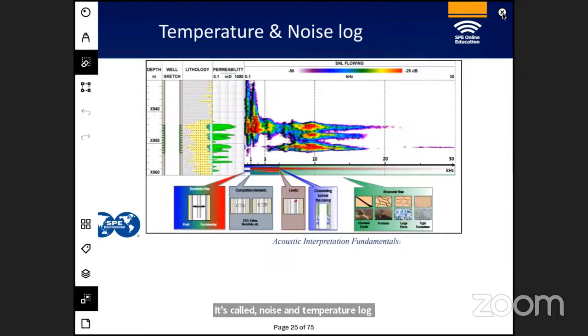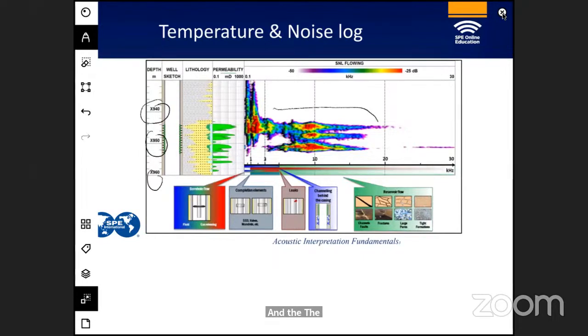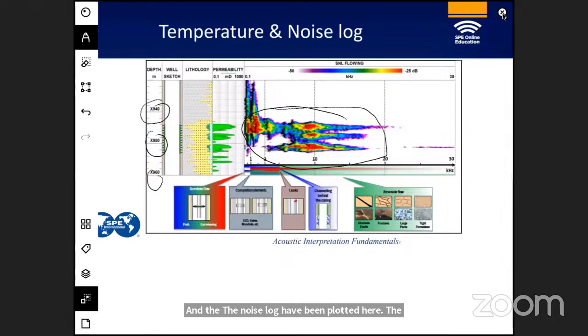So this is a depiction of the log. This primarily gives you the depth. These are the depths, and the noise log has been plotted here. It's like interpretation fundamentals from a logging company.